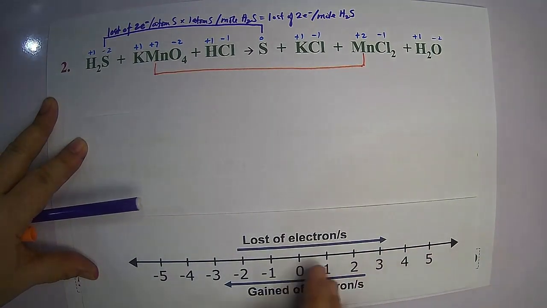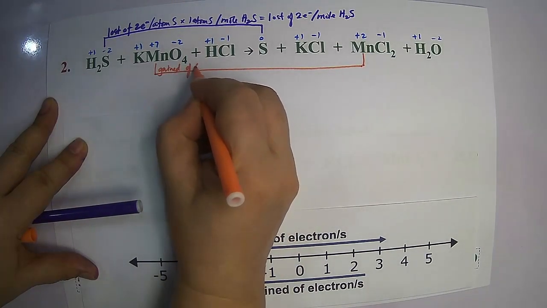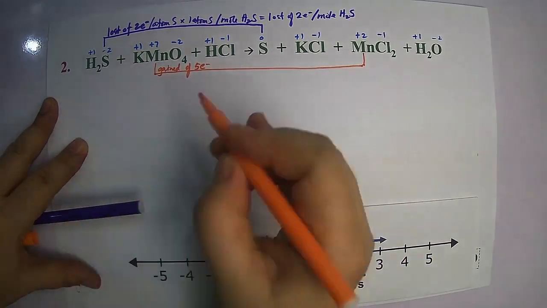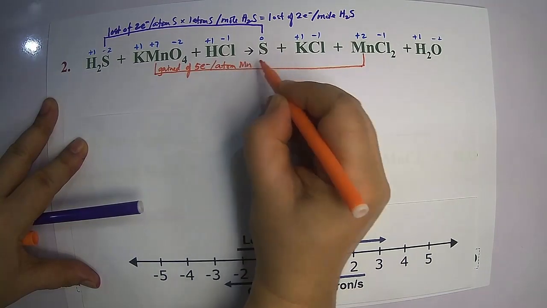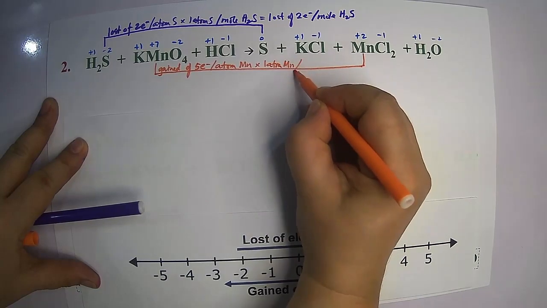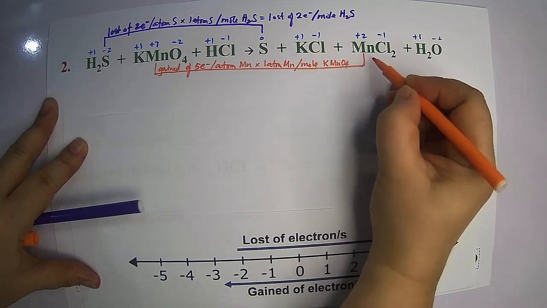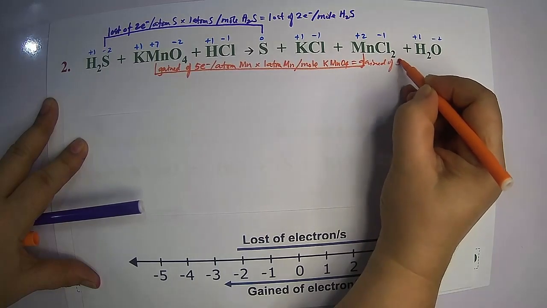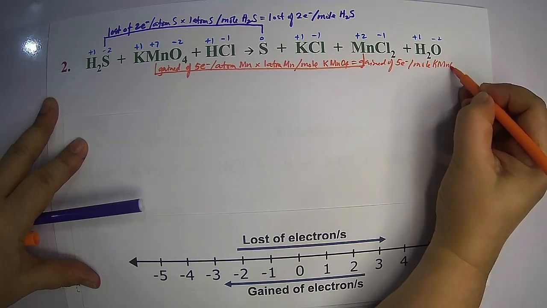From +7 to +2, that is a gain of 5 electrons, 5 units in the number line, corresponding to 5 electrons per atom of manganese. And since you have 1 atom of manganese per mole of potassium permanganate, there is a total gain of 5 electrons per mole of potassium permanganate. Okay.